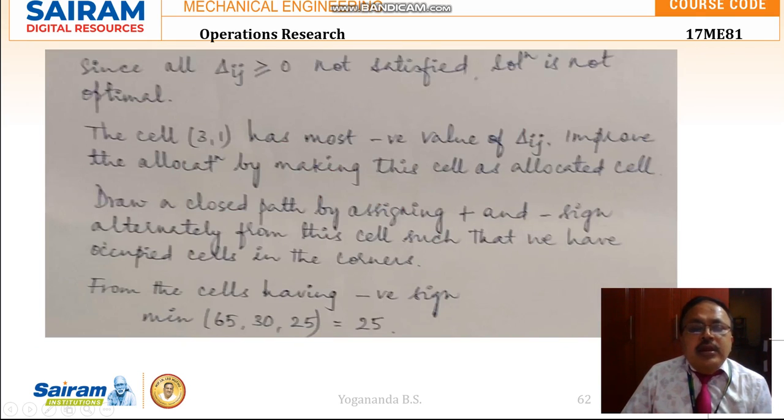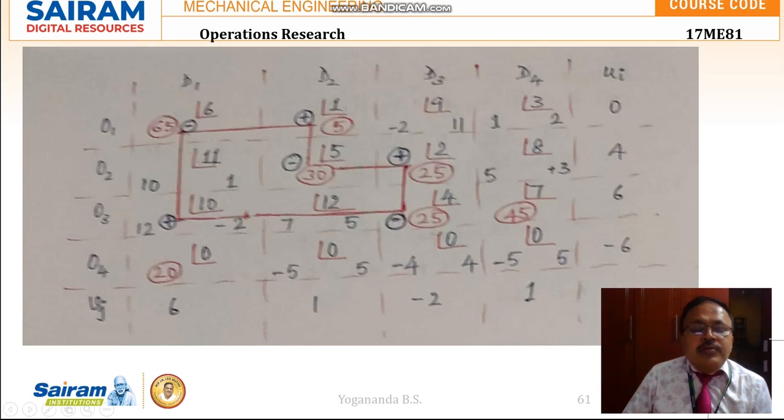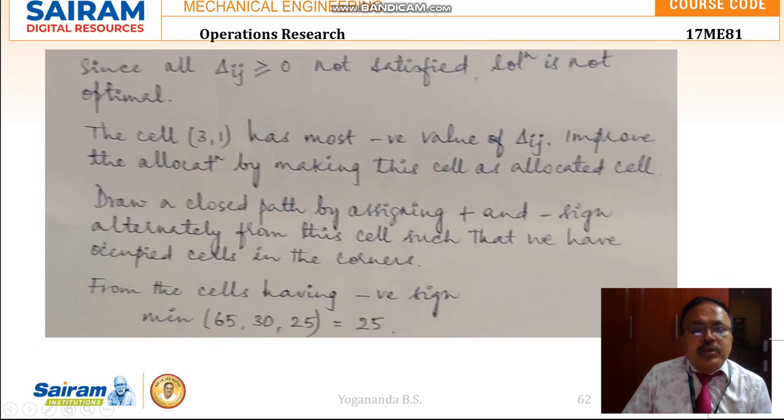Then improve the allocation by making this cell an allocated cell. We will start writing the loop here, and you make sure that all the corners are occupied cells and complete the loop. Then take the minimum out of these.